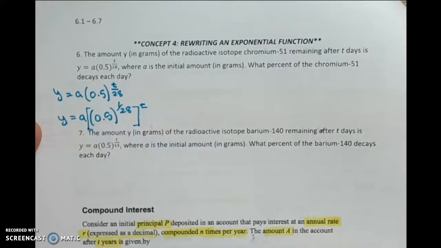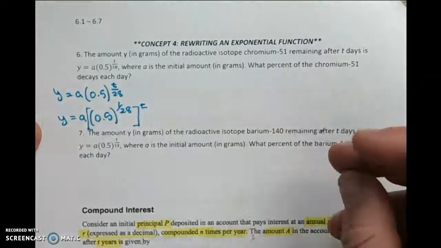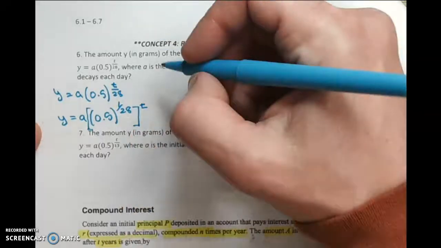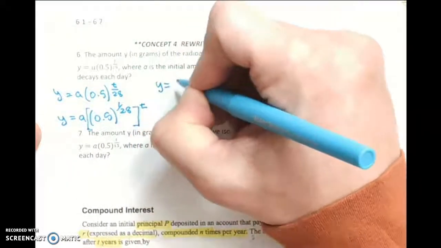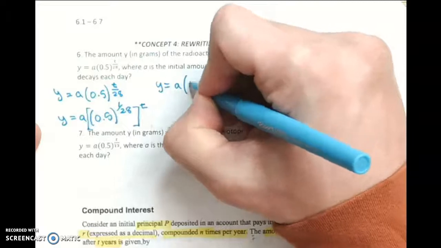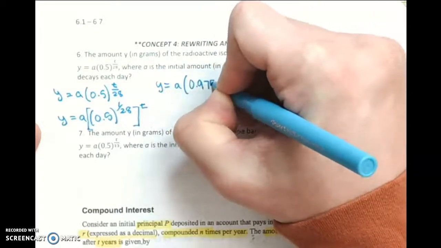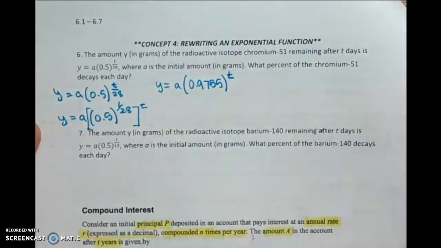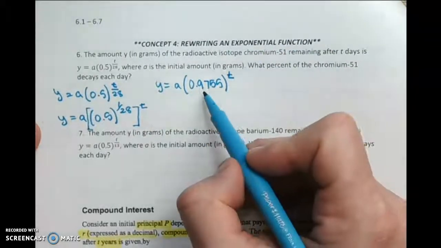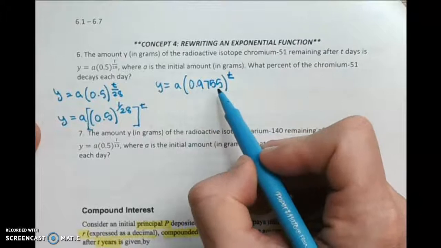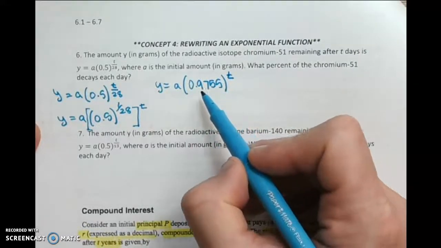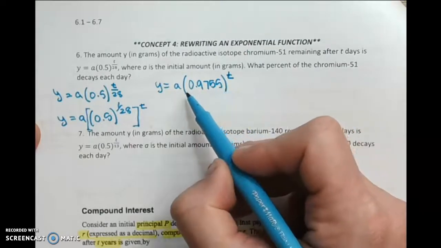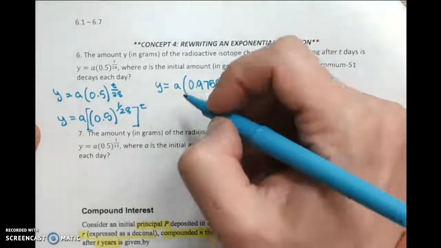Okay. Next, what I'm going to do is put this into my calculator, and I get y equals a times 0.9755 to the t power. And look, this is now our equation for growth or decay, and since what's in our quantity is less than 1, that is decay.